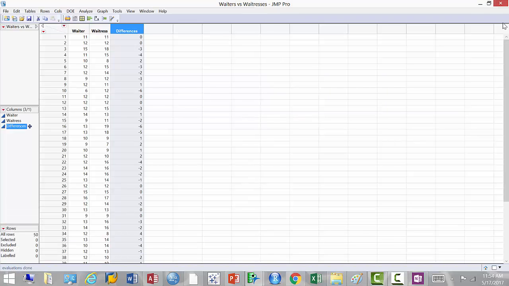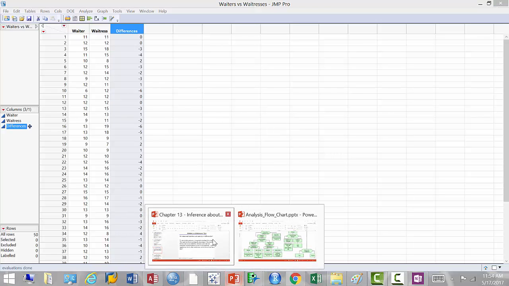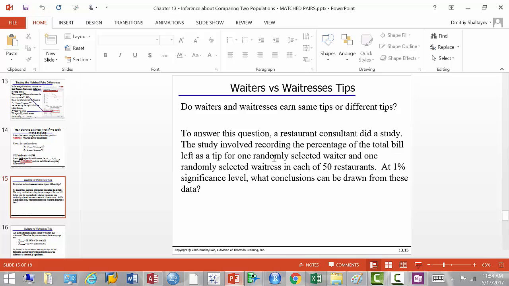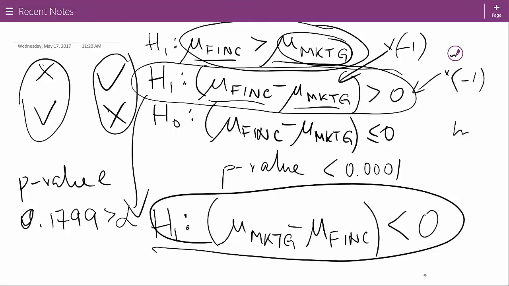Now I'm going to do the testing, but before the testing, I need to know what it is that I'm testing. So let's go back to the slide and see what we are testing. Do waiters and waitresses earn the same tips or different? It sounds like what I need to test is equal versus not equal.